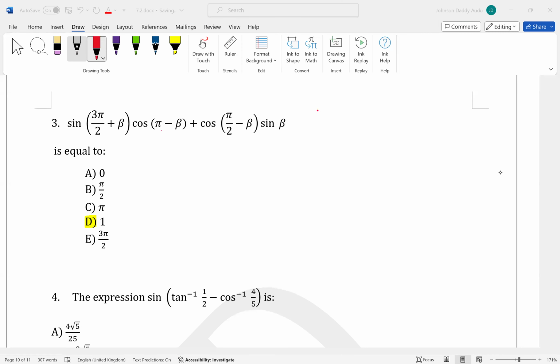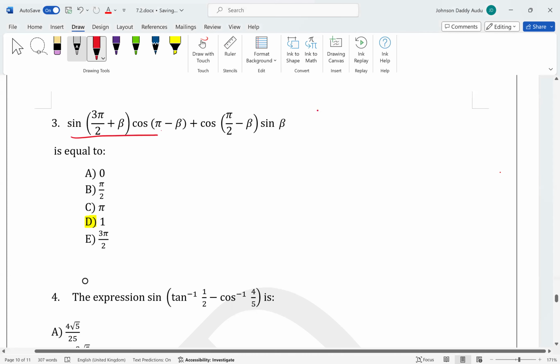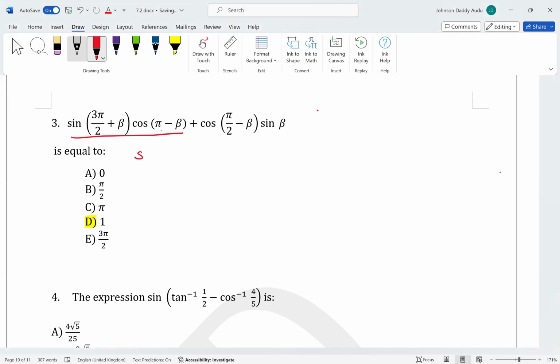To solve this particular one, we have many ways to do it, but let's take it one by one. For example, take this part, sine of 3 pi over 2 plus beta, multiplied by cosine. Now, which is the first part here?